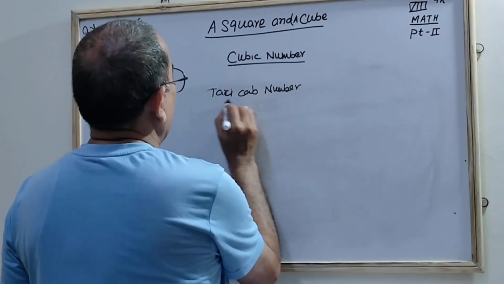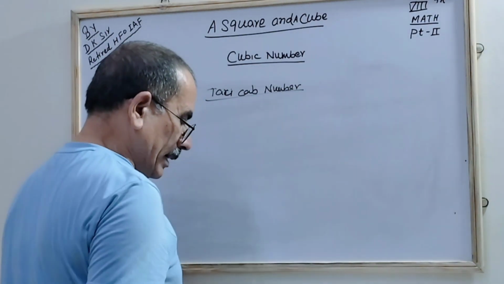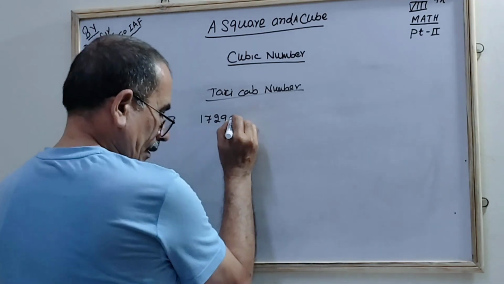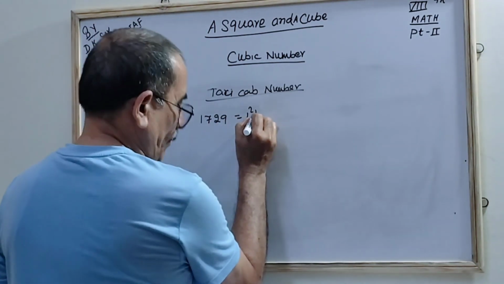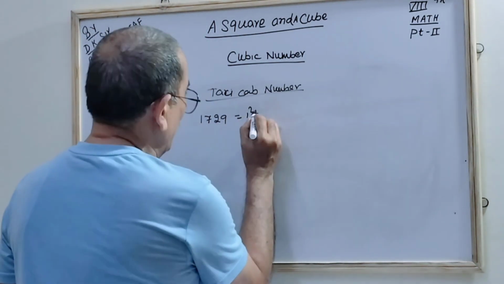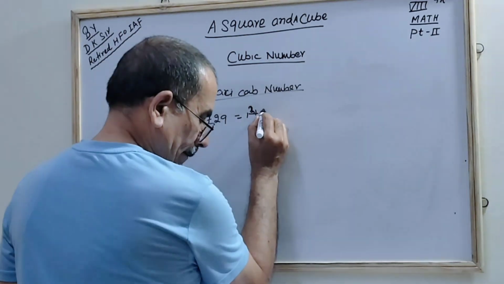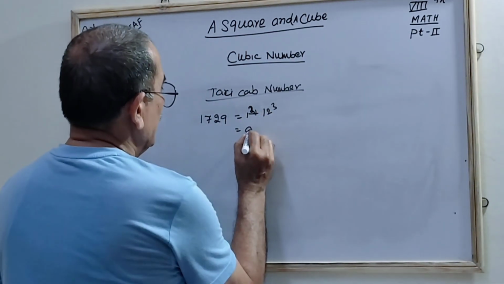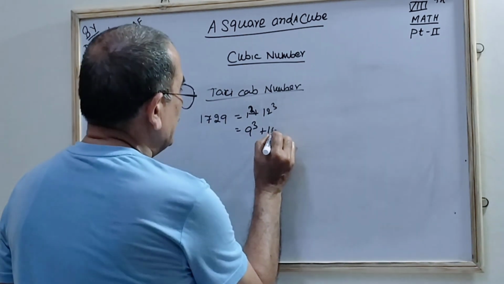What is the taxi cab number? The taxi cab number is a famous number, that is 1729, correct? Which is equal to 1 cube plus 12 cube, correct? Or you can write 9 cube plus 10 cube.